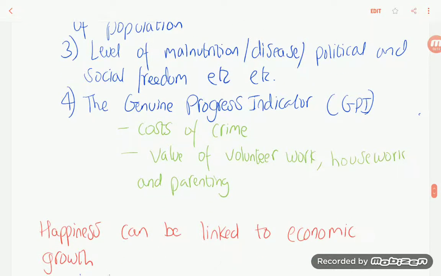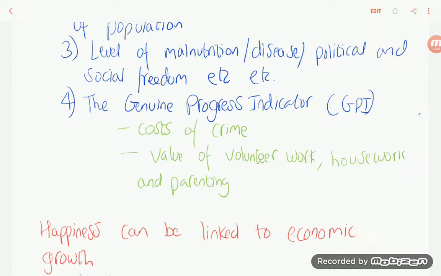The Genuine Progress Indicator, GPI, attempts to improve on GDP as an economic indicator by including measures of the impact of economic growth on the environment, as well as other social factors. GPI takes GDP into account, but also measures the negative effects of growth, for example, resource depletion and degradation.